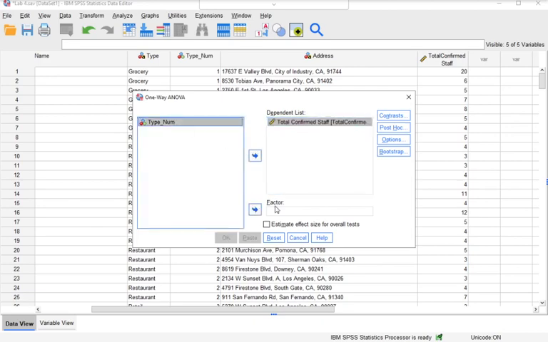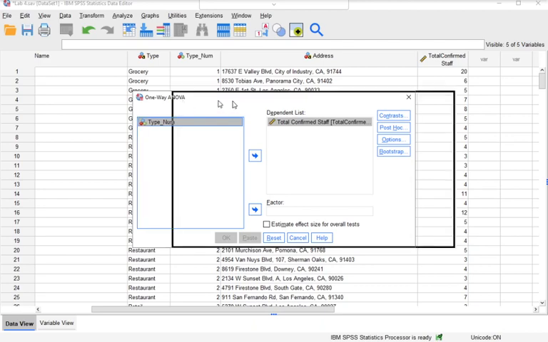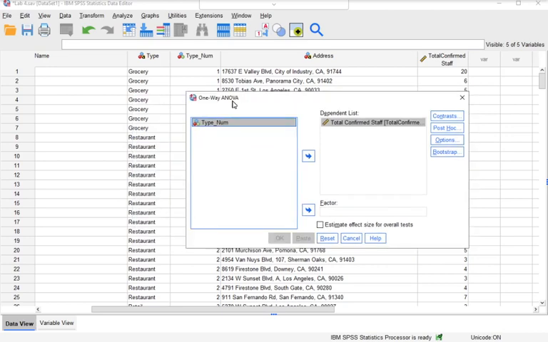And then our factor is what I just put, 1, 2, 3, 4. So it's grocery versus restaurant versus retail versus workplace. So our factor is pretty much our group assignment, our different groups.